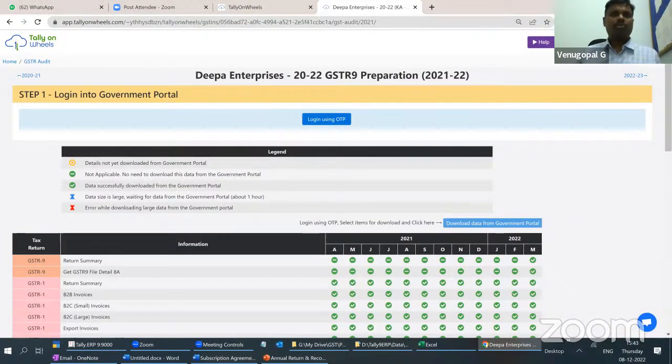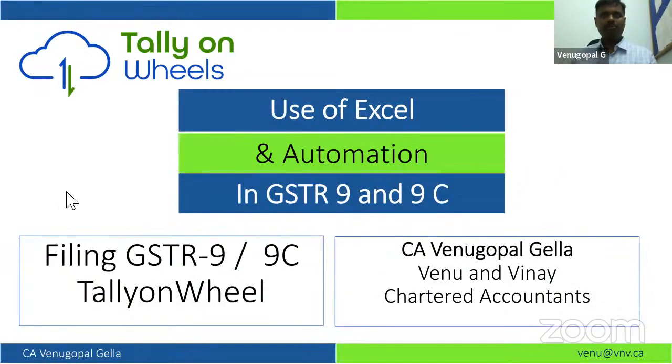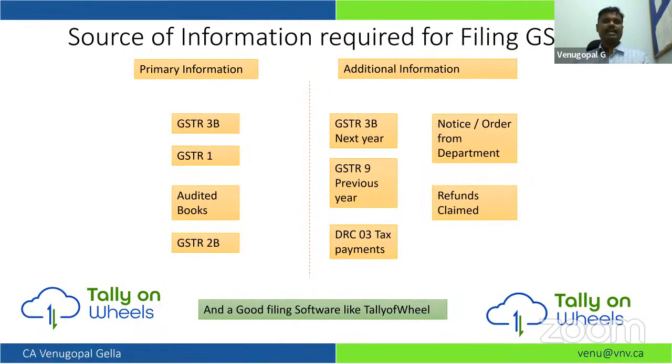So what are the steps or procedures? We have already discussed that for filing my GSTR9, I need various sets of information: data from the government portal, which is 3B, 2A, GSTR1. I also need data from books of accounts.